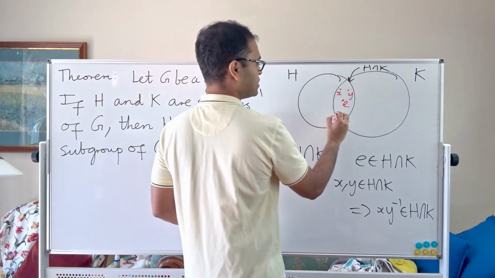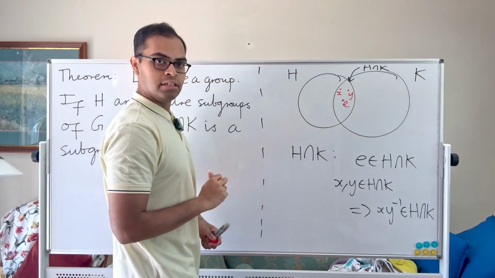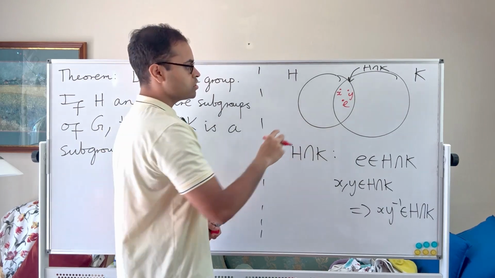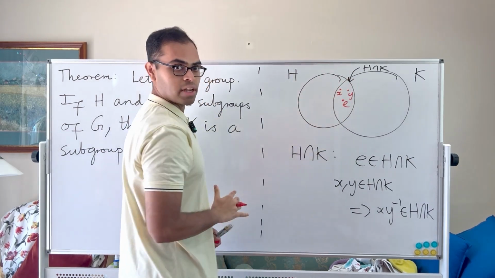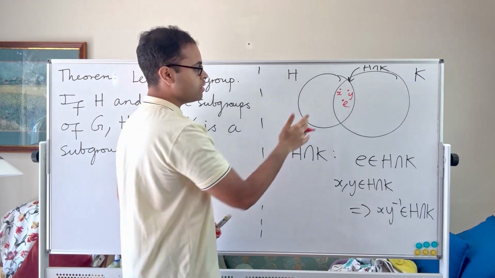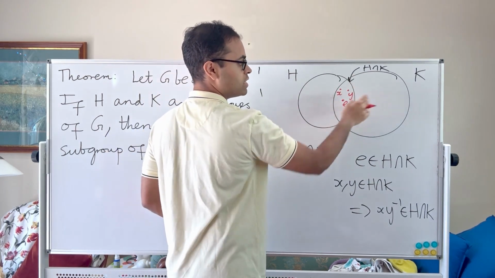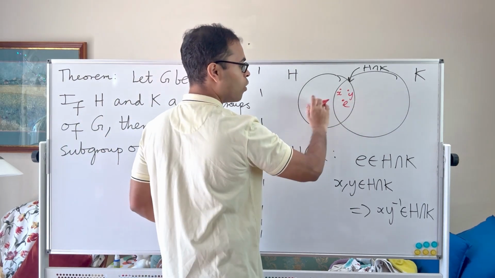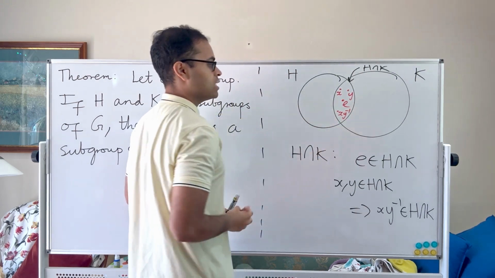But because x and y are in H, x y inverse is in H. So whatever x y inverse is, it's somewhere inside the H part of the Venn diagram. But by the same reasoning, because x and y are in K, we also know that x y inverse is in the K part of the diagram. That means it has to be in the overlap, which is inside here. So x y inverse is in H intersection K.